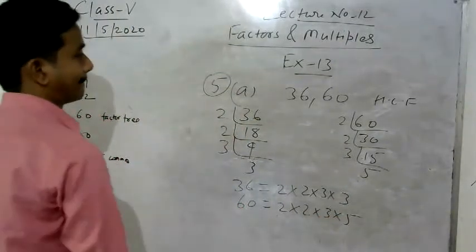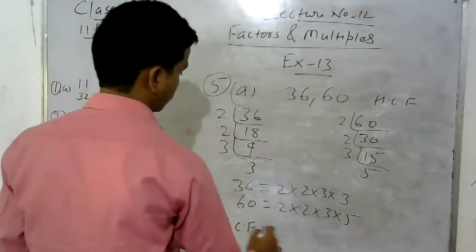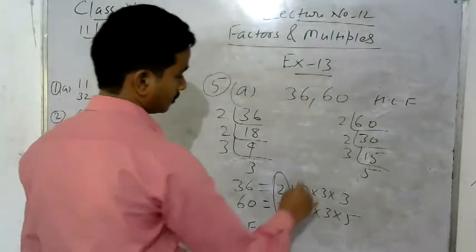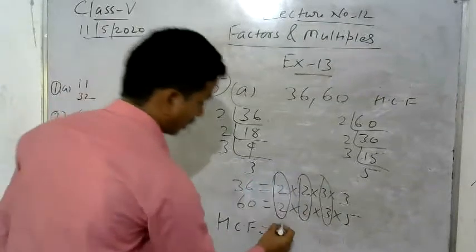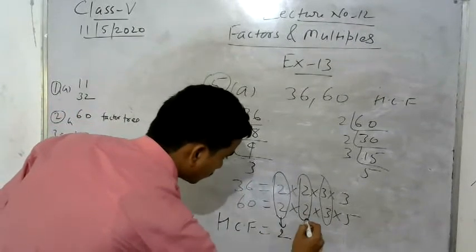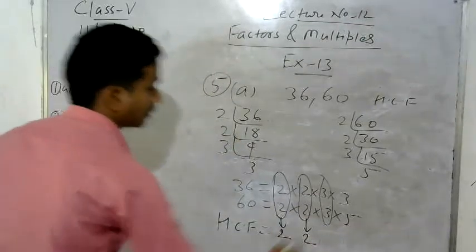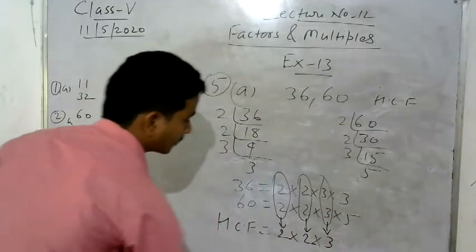Okay. So now for the HCF, what are all the common factors? Here 2 is common, again 2 is common, again 3 is common. So out of these two, 1 two will be selected. Out of these 3, 1 three will be selected, and multiply all this together.